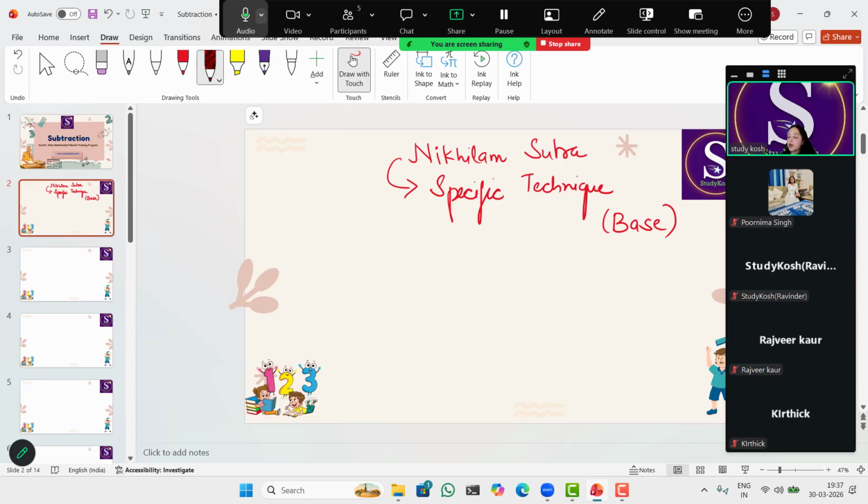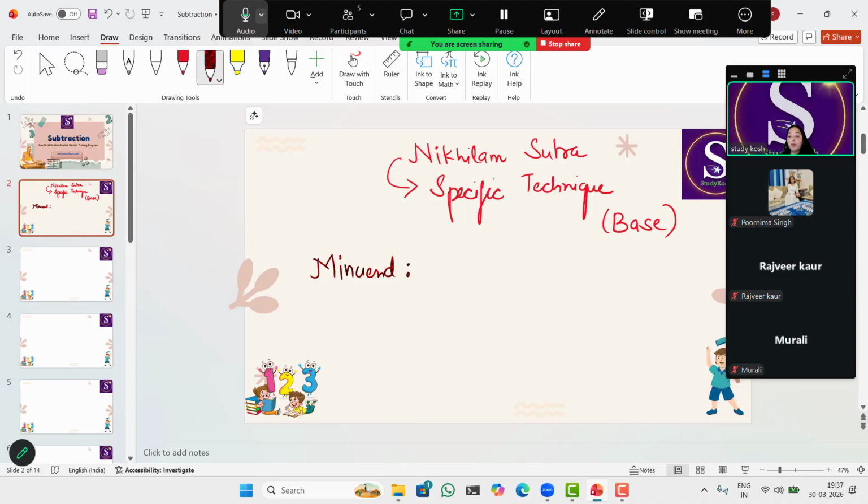First one is minuend. So minuend is a number from which another number is subtracted, right? The number from which another number is subtracted, that is minuend.